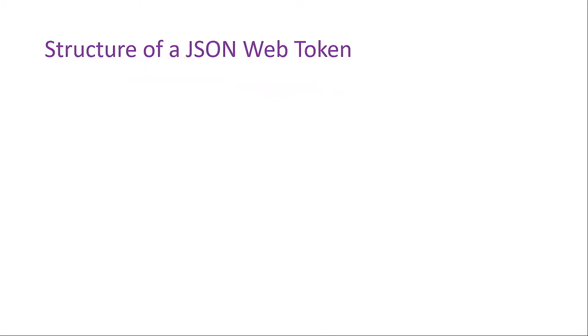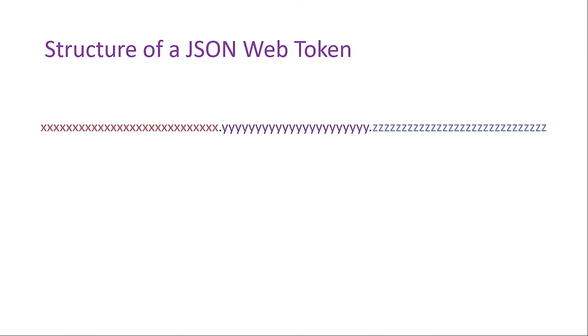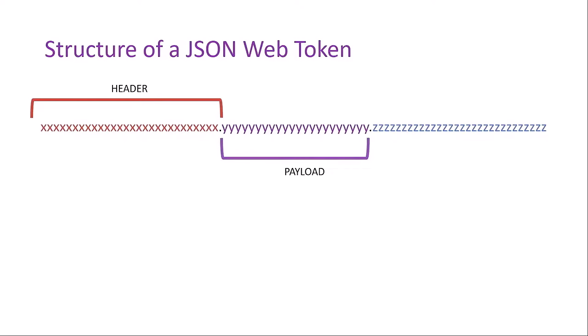A JWT contains three base64 encoded strings that are separated by dots. A typical token, or a JWT, looks like this. It has three sections separated by dots. In the first section we have the header, in the other section we have the payload, and in the last section we have the signature.